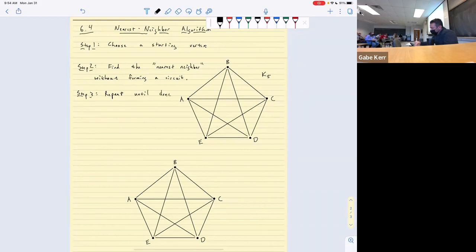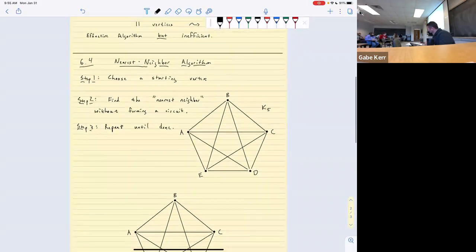So what is the nearest neighbor? If you think of it in terms of cities and mileage, it is the closest city. Find the closest city where you're not going to form a circuit. So let's give an example. I'm going to weight this graph as follows.